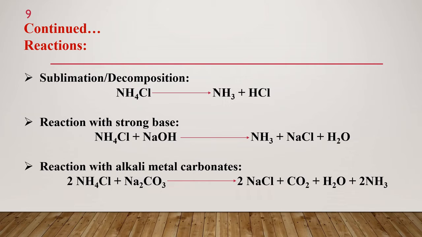Ammonium chloride reacts with alkali metal carbonates at elevated temperatures, giving rise to ammonia as well as alkali metal chloride. This involves treatment of ammonium chloride with sodium carbonate to form sodium chloride with the evolution of carbon dioxide and formation of water as well as ammonia.